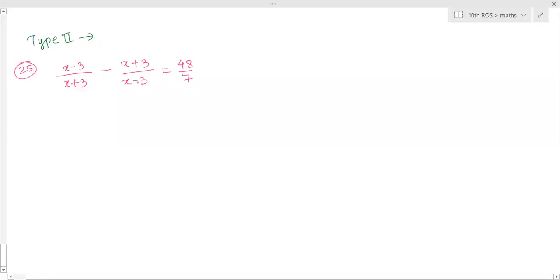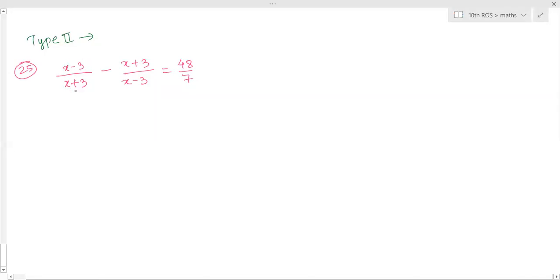That means the second fraction is the reciprocal of the first one. In such cases, we can do it easily. One method is you can take the LCM, cross multiply, subtract, simplify and solve by middle term splitting.